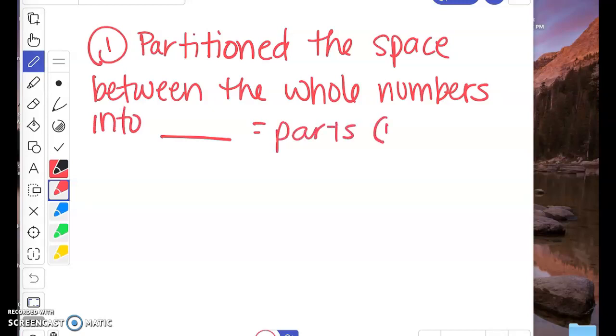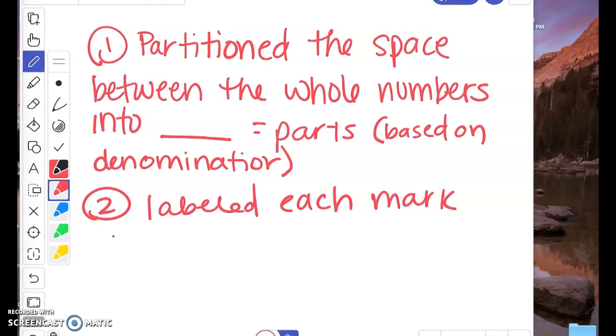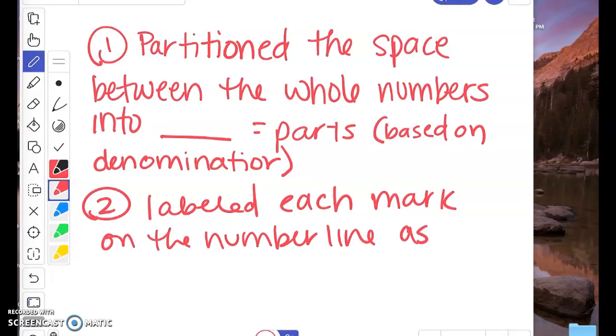And that was based off of the denominator. Then I labeled each tick mark or dash or slash or however you want to call it on the number line as its fraction.